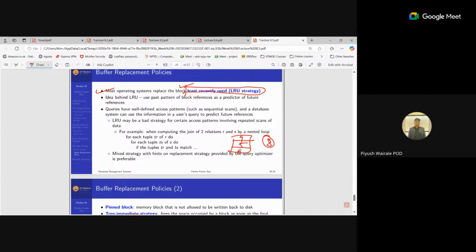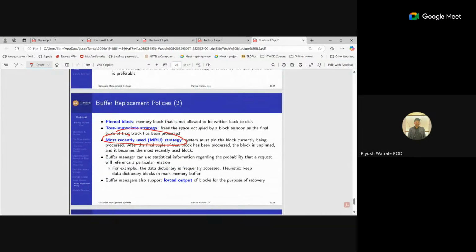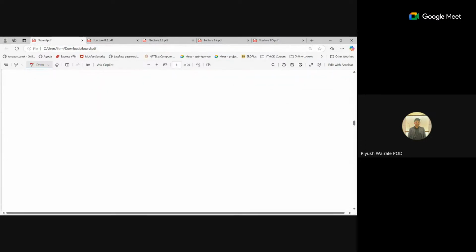Which element do we need to remove so that we can add this into the buffer? For that we have these two things, LRU and MRU. Just remember the names, what is LRU, what is MRU, and based on the name only you can solve the question. Let me take the example from the practice assignment.